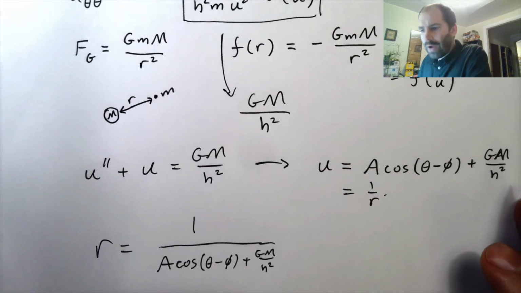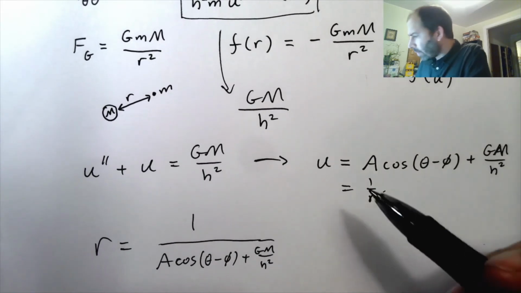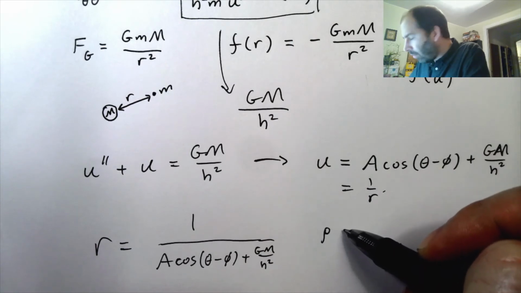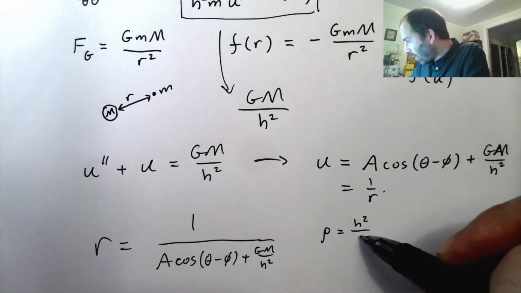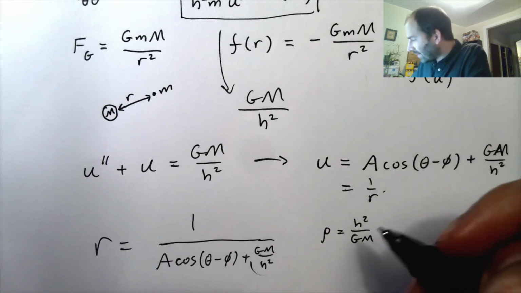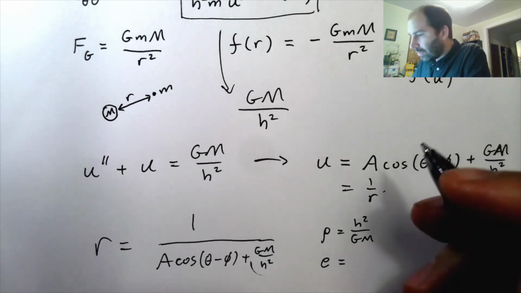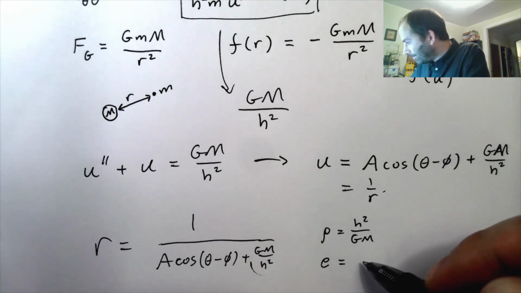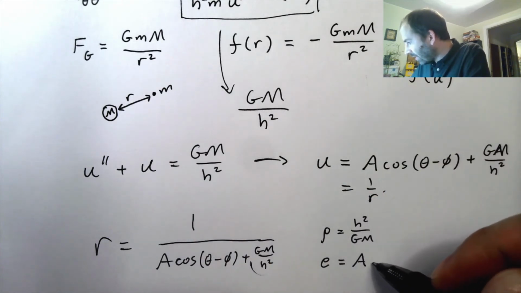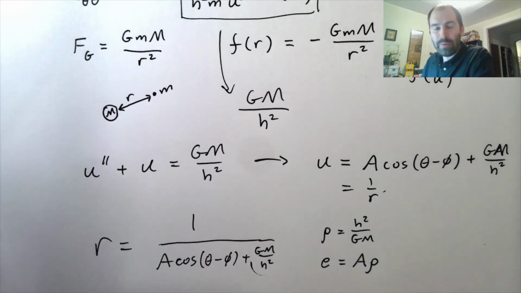Okay, and now I'm going to multiply through. Let's set some new variables here. Let rho equal h squared over GM. I want to cancel this stuff out. And let's set e equal to, when I multiply this over here, I'm going to have an a times rho. So let's just let e equal a times rho. Okay, this is not Euler's constant. This is not the e, 2.71828 blah blah blah.